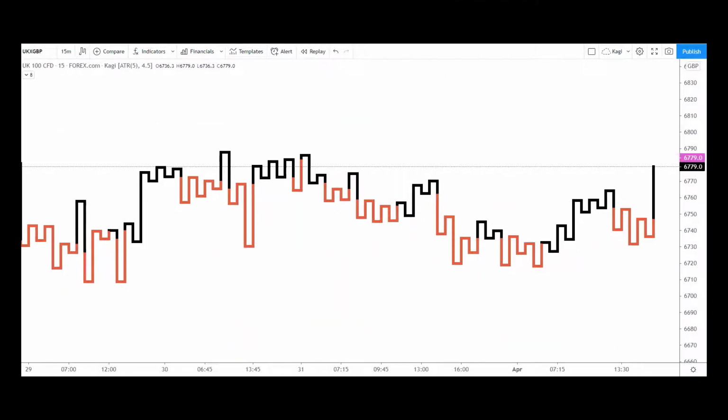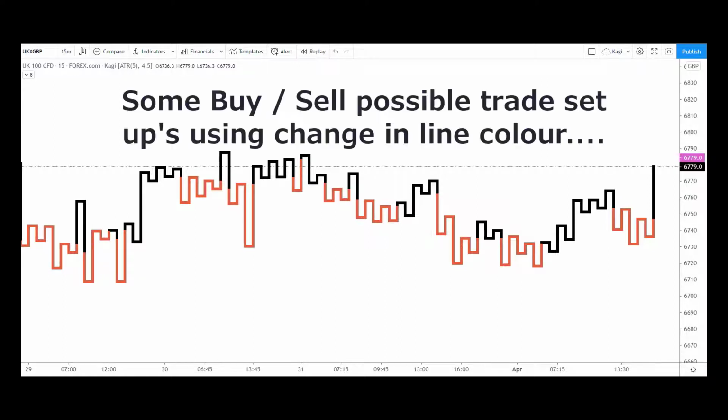So here's an example of that buying and selling in action. This is the FTSE 100. It's 15 minutes, so it's quite fast paced. It's on an ATR of 5 settings, meaning that every 4.5 points we're going to get some sort of move in the line colouring. So like I say, it's speedy, but essentially in sideways trading markets, it's really dangerous unless you've got supporting evidence around what you're doing to trade those changes in Kagi line colours from red to black or black to red.